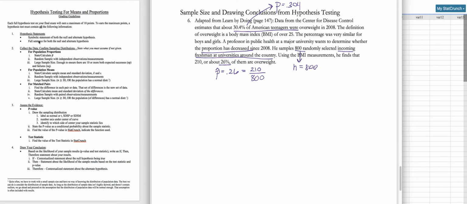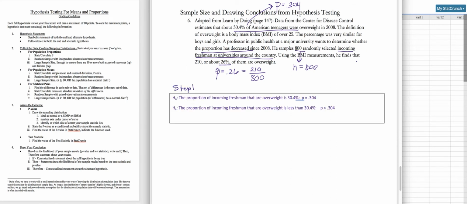Okay, so we're starting with step one, our hypothesis statements, both as a sentence and as a symbolic statement. Please pause your recording and see if you can get that step set up.